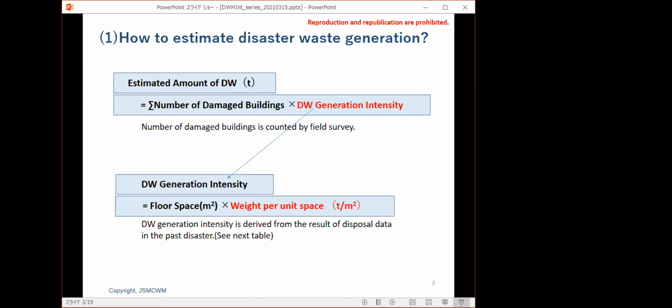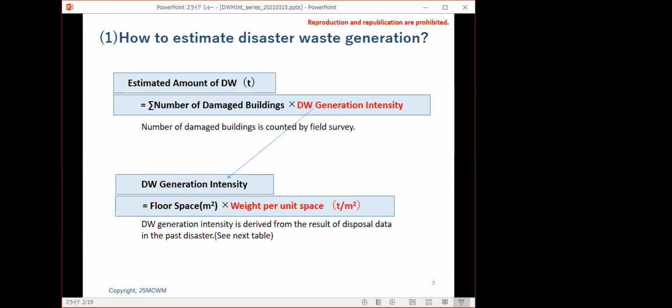The first parameter, number of damaged buildings, is counted by field survey, especially in Japan. And the second parameter, disaster waste generation intensity, is described by the below equation. Disaster waste generation intensity equals floor space multiplied by weight per unit space, in ton per square meter or ton per building. So disaster waste generation intensity is derived from the result of disposal data in past disasters.